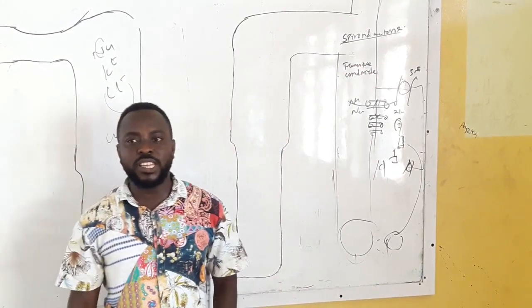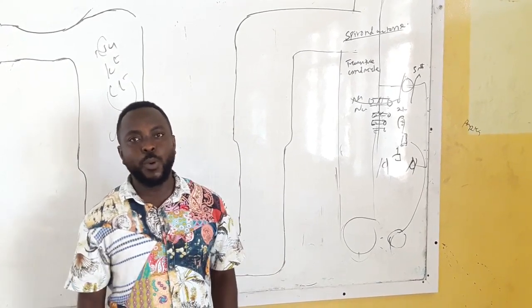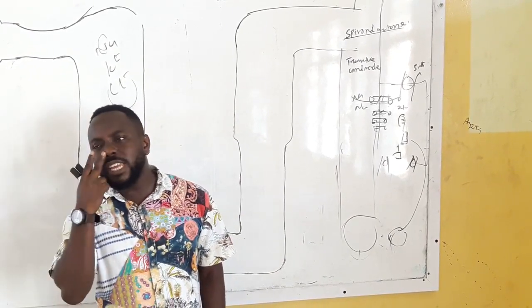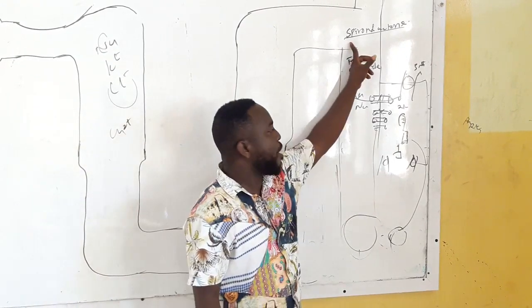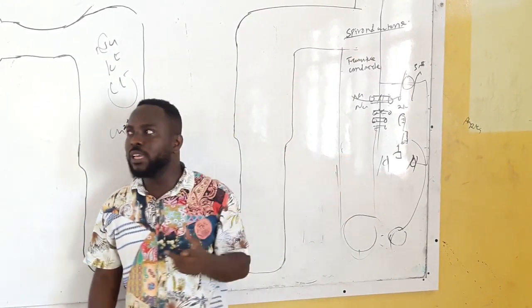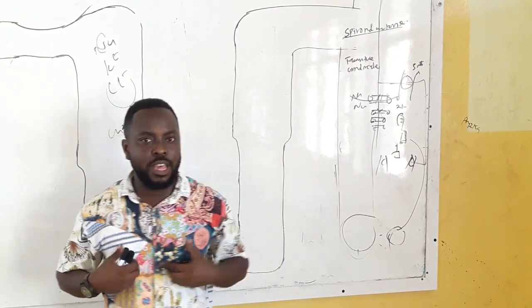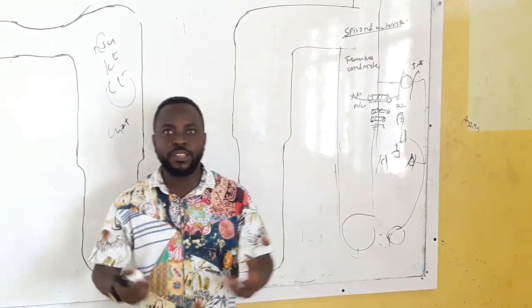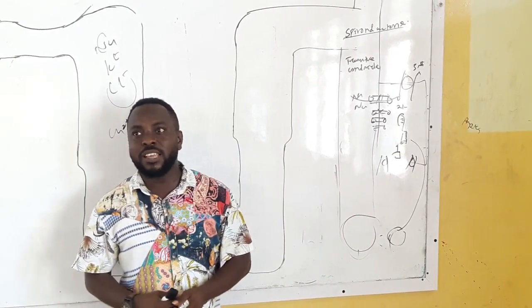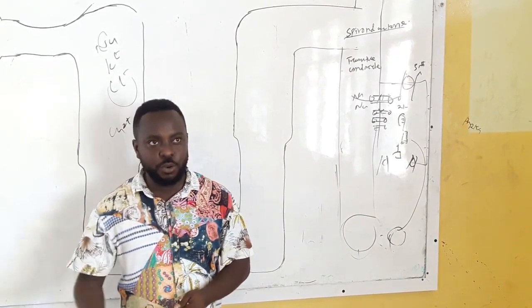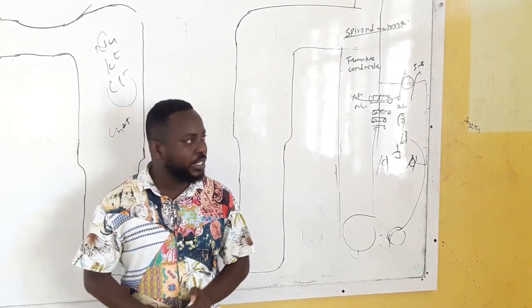One side effect of the potassium-sparing diuretics, especially spironolactone, aside from hyperkalemia, is gynecomastia, like a male developing breasts. But as I said, we can use this agent to manage liver cirrhosis and other conditions.